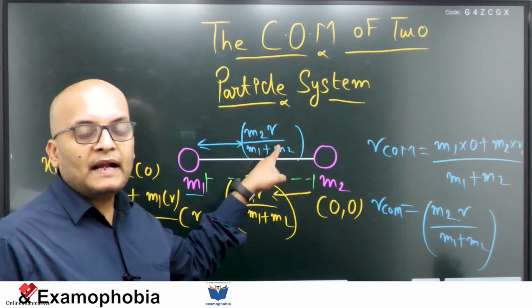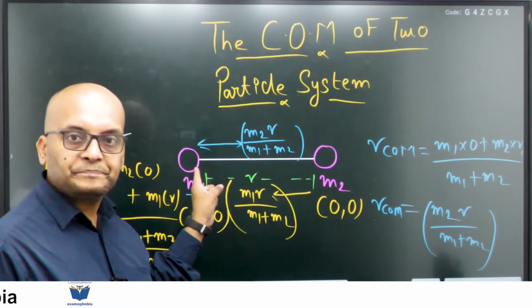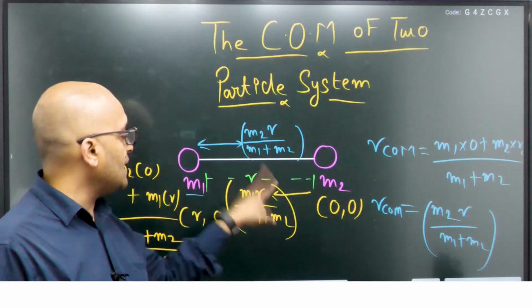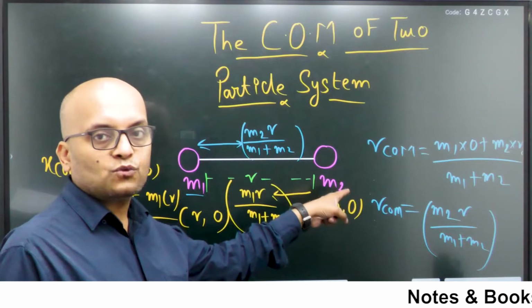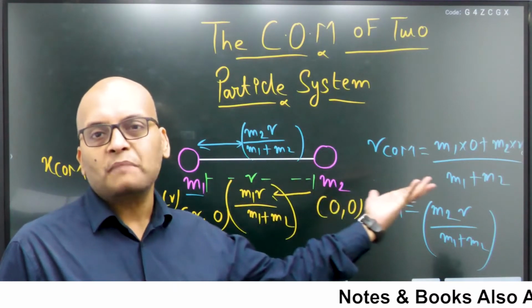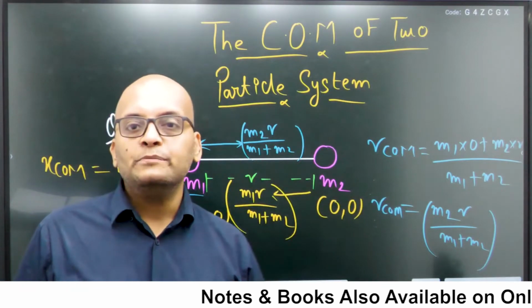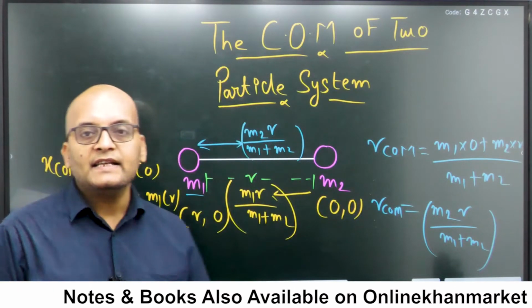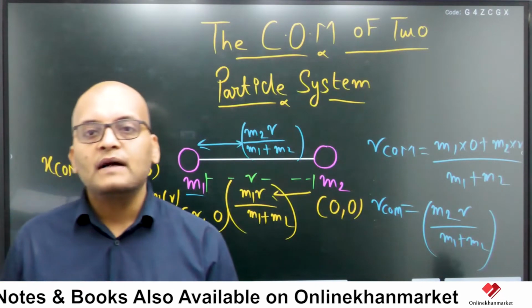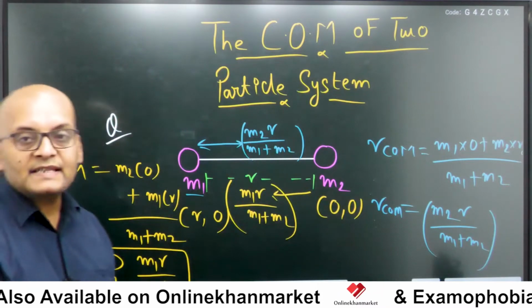I determined the center of mass of this system with reference to m1, the first particle, and then I determined the coordinates of center of mass with reference to m2, our second mass or particle. Clear to you? Okay, fine. So this is the trick or technique to determine the coordinates of center of mass for such systems. Now let's apply this technique.